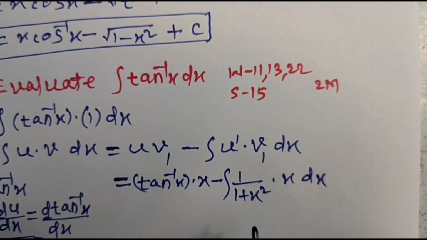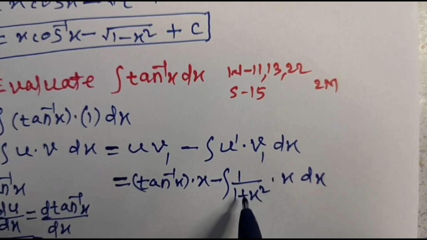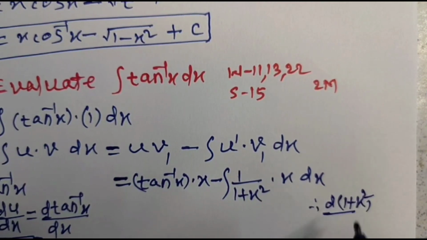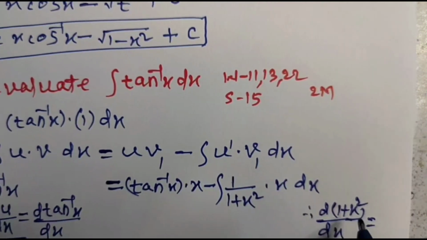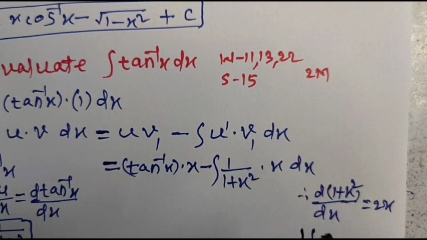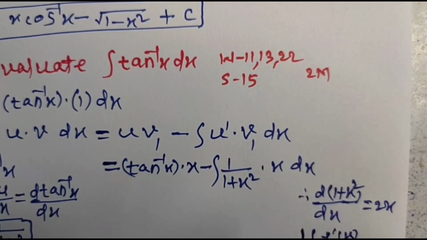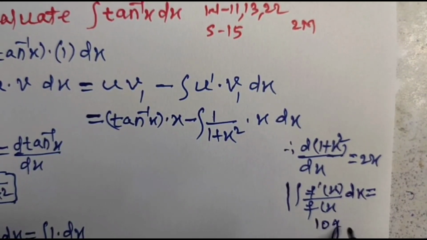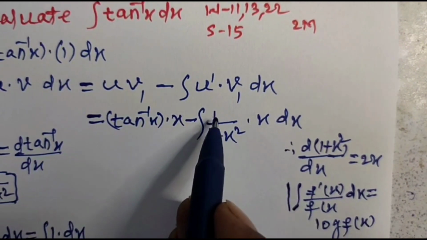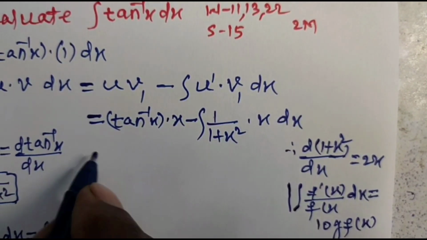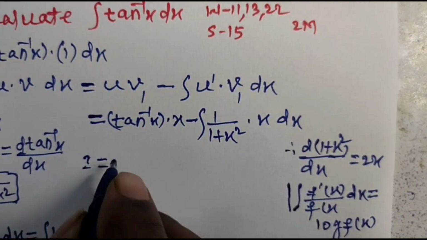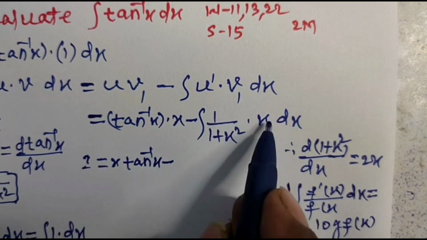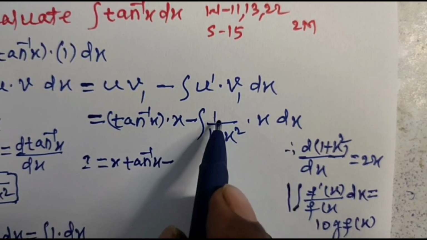Since derivative of 1 plus x square with respect to x is equal to 2x, hence integral of f dash x upon f of x, integral with respect to x, is equal to logarithm of f of x. Apply this formula, meaning we want numerator as derivative of denominator. Hence I is equal to x tan inverse x minus, we want here 2x dx, so divide by 2 and multiply by 2.